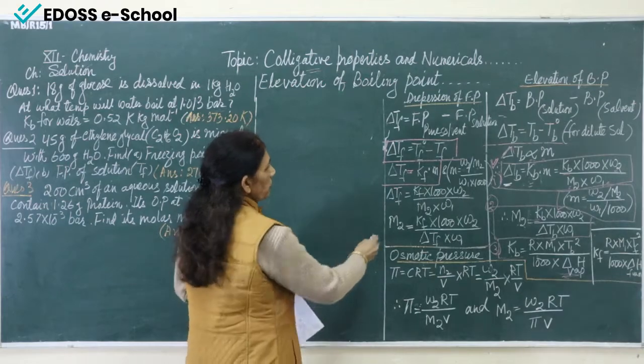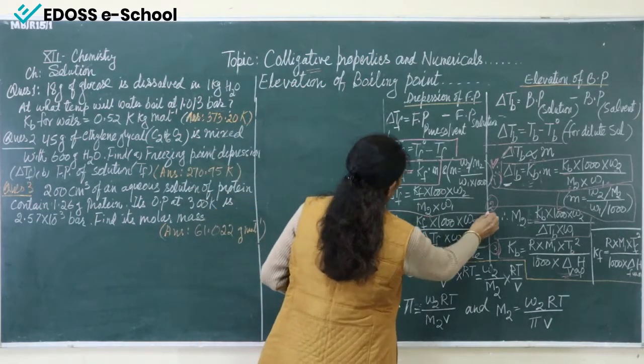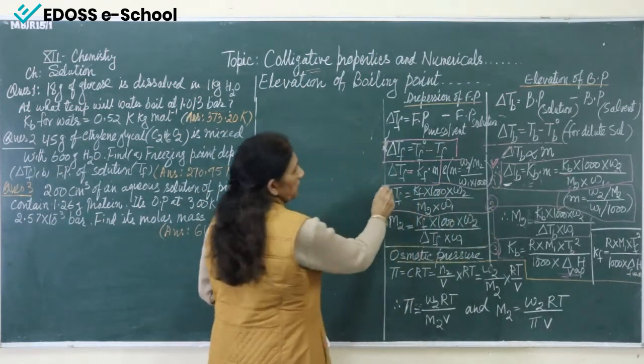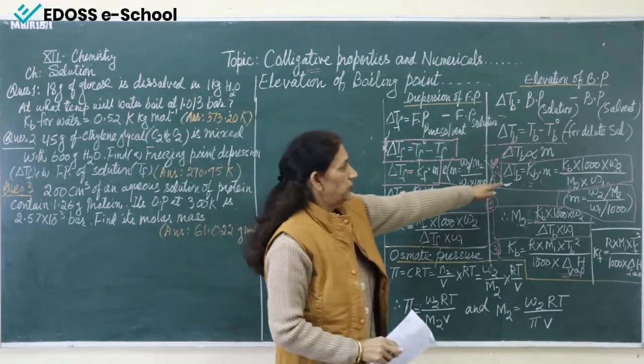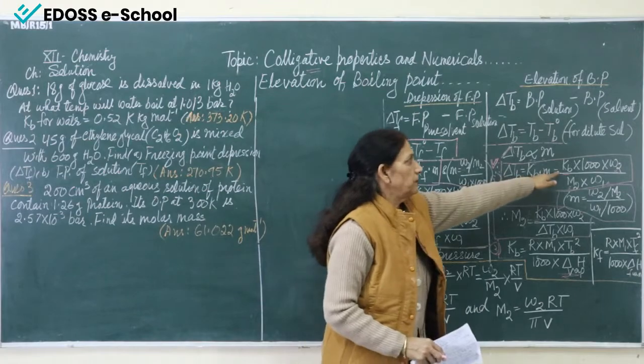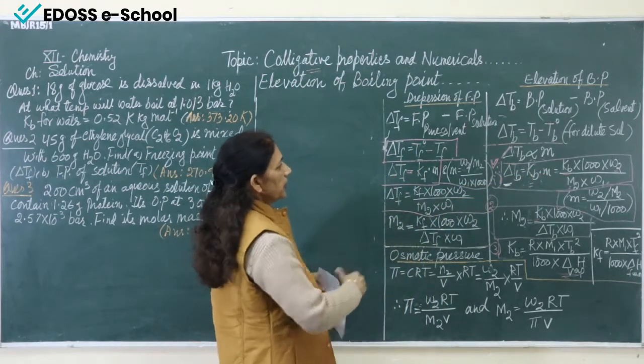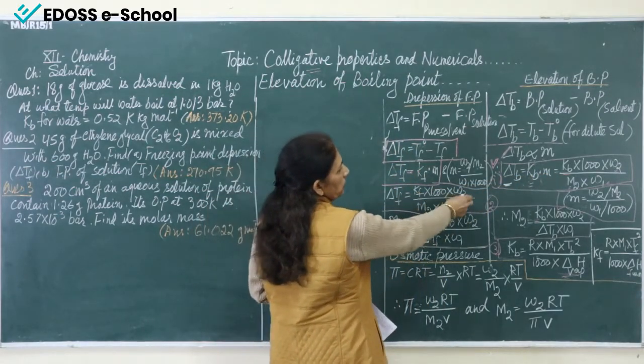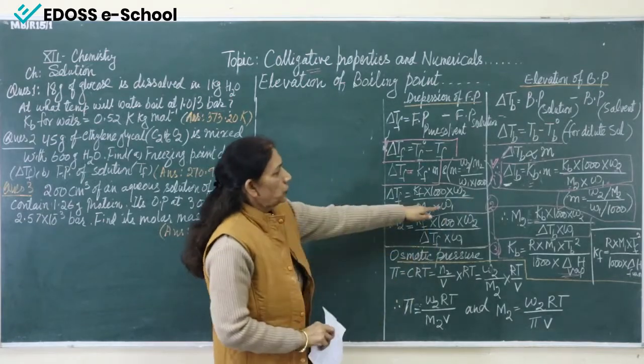This is the same formula you can see here, the only difference is KF here and KB there. So delta TF is equal to KF into 1000 into W2 upon M2 into W1.